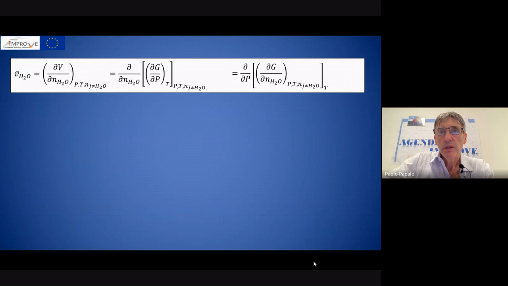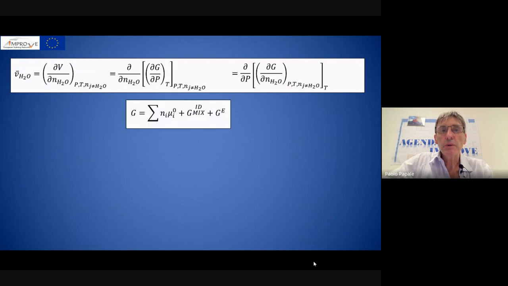From here, simply apply the Schwarz identity that we introduced in lesson 6 and change the order of the partial derivatives. Now we have the partial derivative of the Gibbs energy in the number of moles of dissolved water, and results should then be partially derived in pressure to finally obtain the partial molar volume of dissolved water.